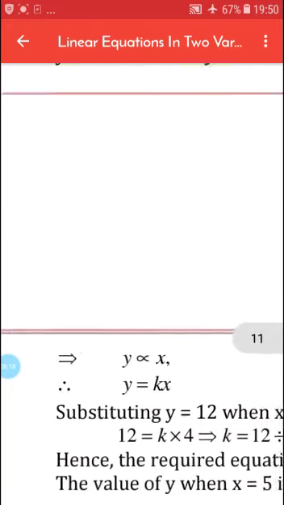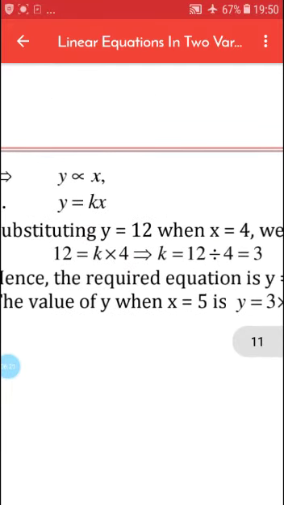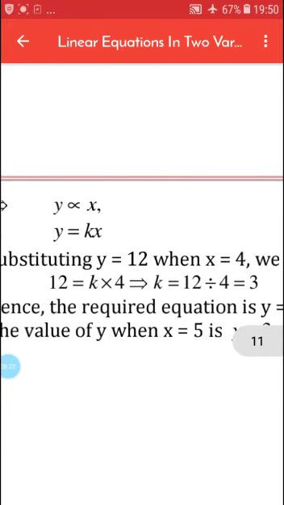Now let us recap this chapter, what we have learned. In this chapter we have learned that an equation of the form ax plus by plus c is equal to 0, where a, b and c are real numbers such that a and b are not both 0, is called a linear equation in two variables.